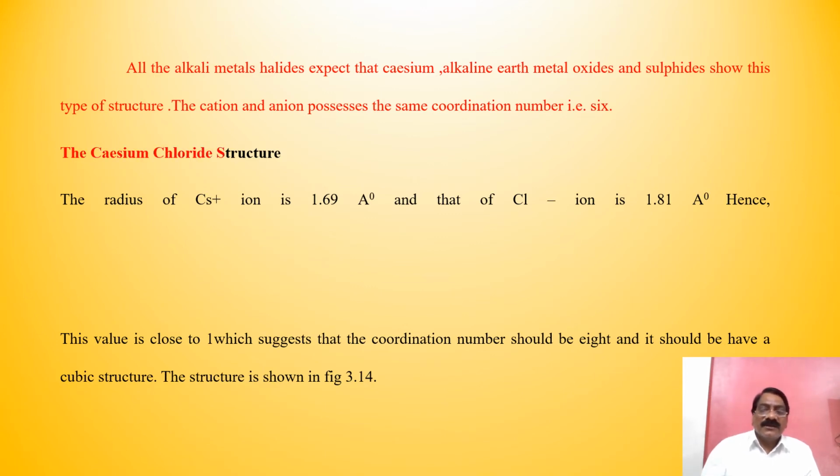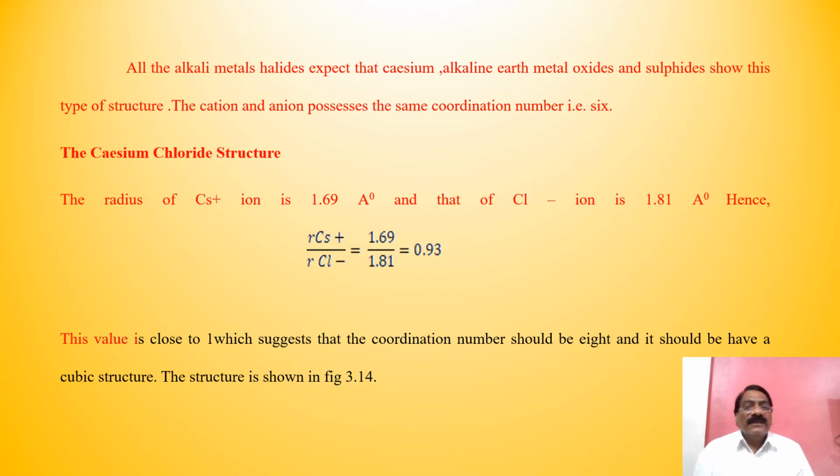Cesium chloride structure. Next one is cesium chloride. The radius of the Cs+ ion is 1.69 angstrom unit and that of Cl- ion is 1.81 angstrom unit. Hence, the radius ratio r(Cs+) upon r(Cl-) is equal to 1.69 upon 1.81, which is equal to 0.93.